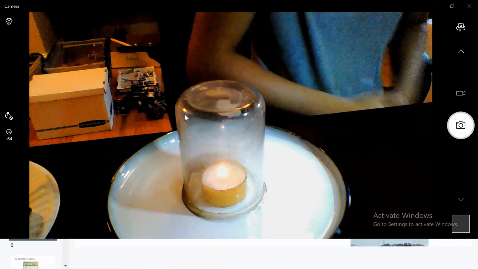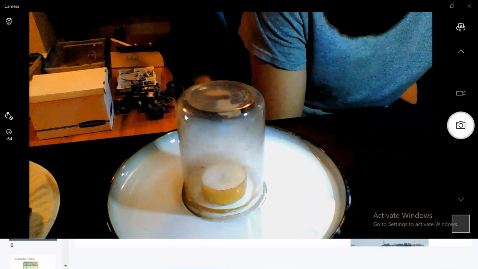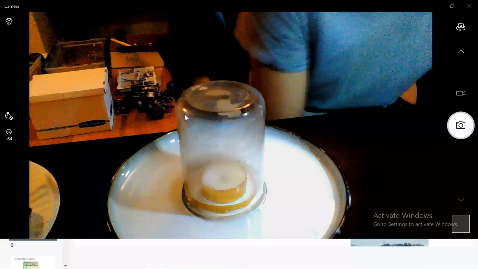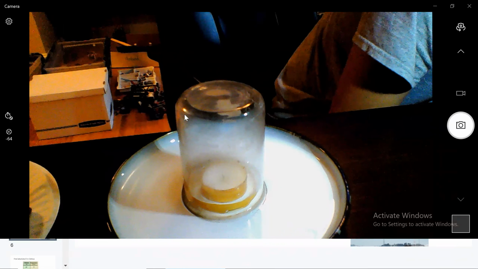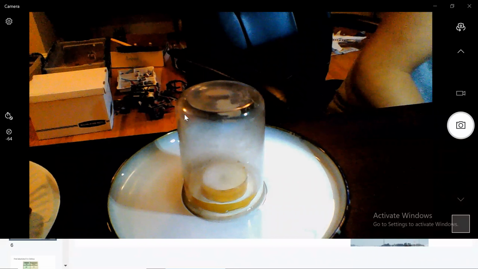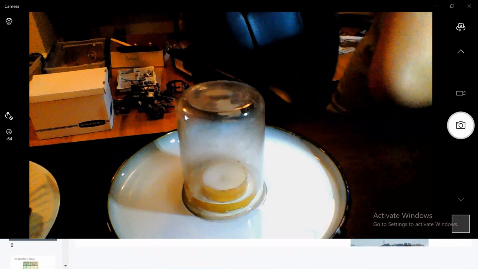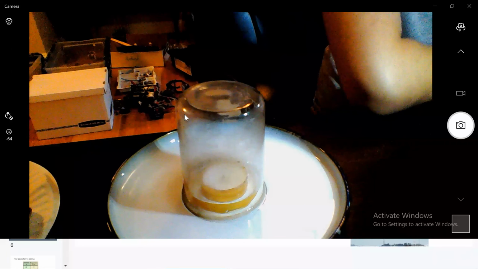As the candle consumes oxygen, it will go out. But what happens next? Can you all see the water level rising? What's happening here is that water is getting sucked up into the beaker, and you can see this as the water level rising, okay?